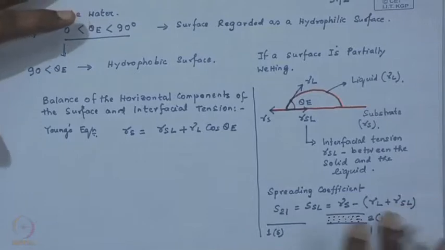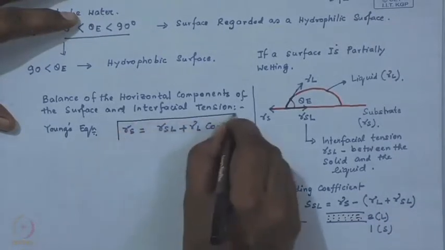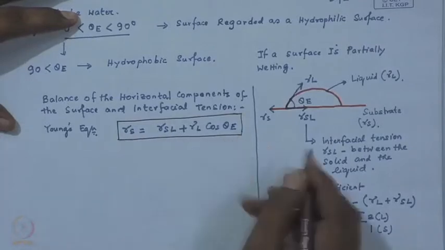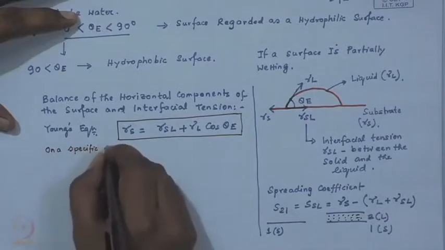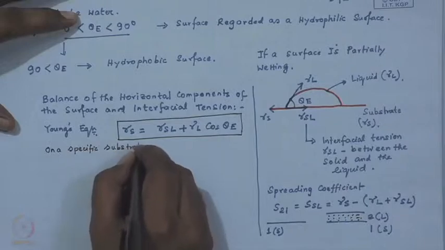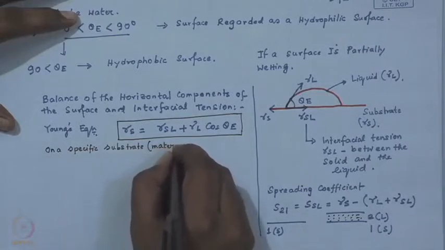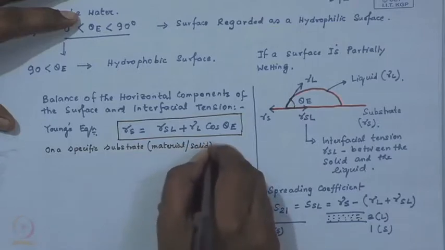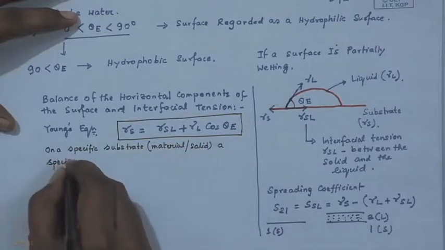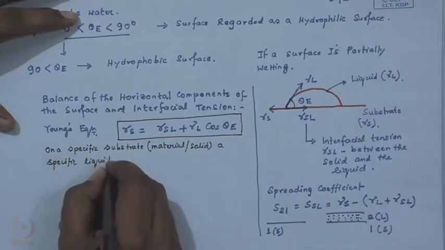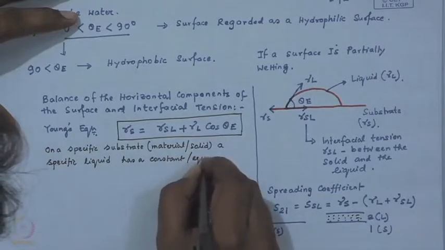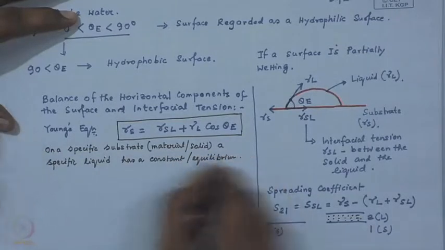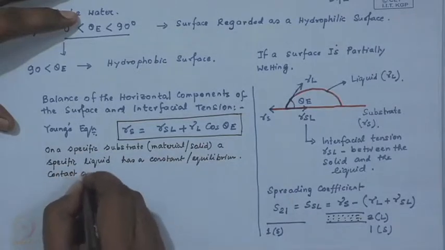So, coming back to Young's equation, what this gives is that on a specific substrate or material, a liquid has a constant contact angle.